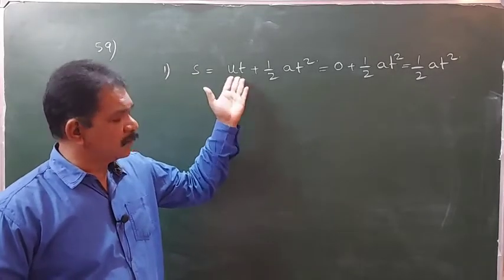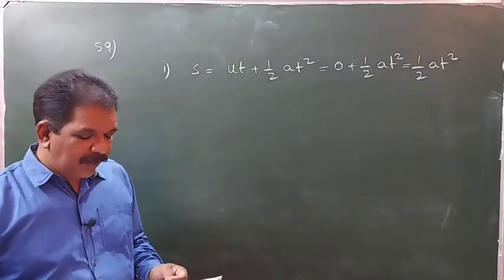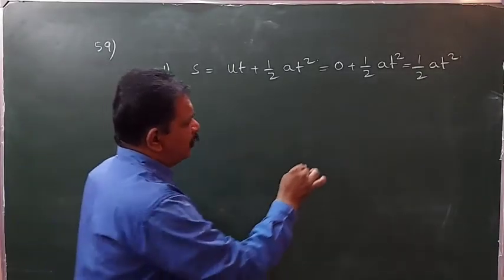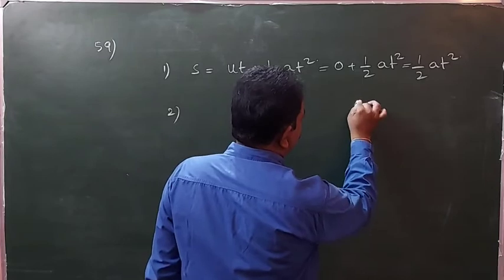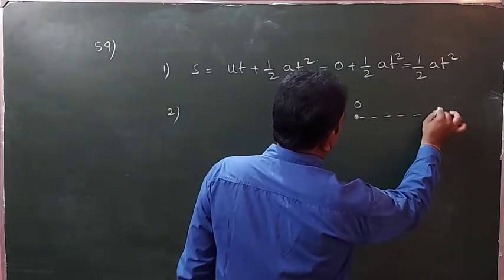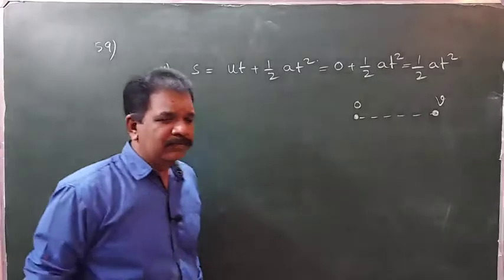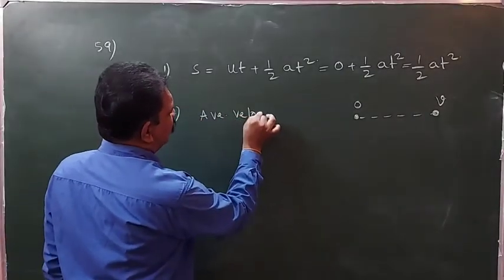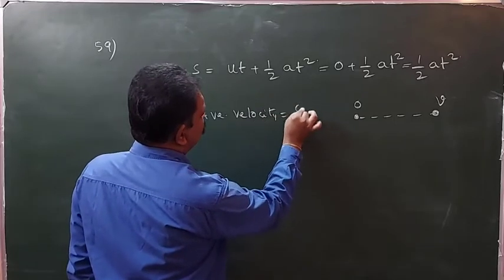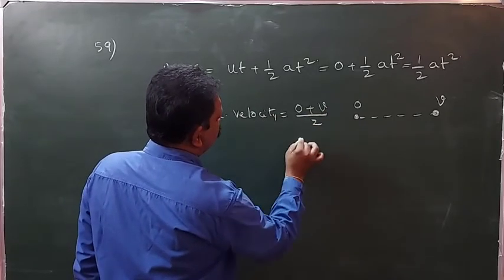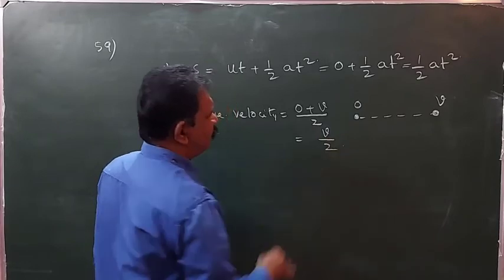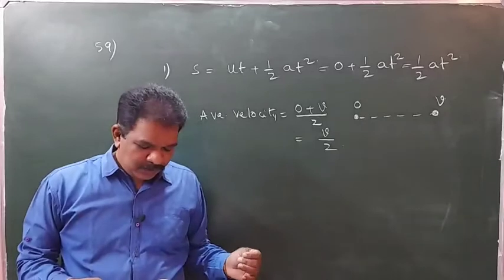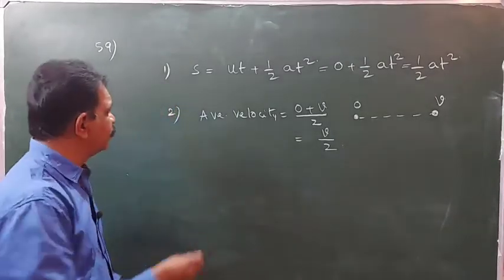So this is wrong. Second option, the average speed of the car is v by 2. Initial velocity is 0 here. After time t, its velocity becomes v. Average velocity means initial plus final velocity by 2. So this will be v by 2. This is correct. So the second statement is correct.